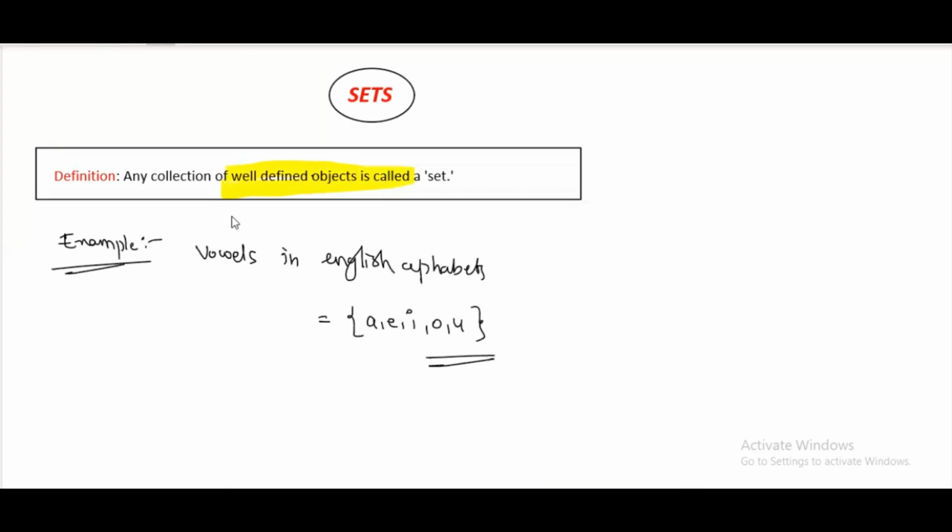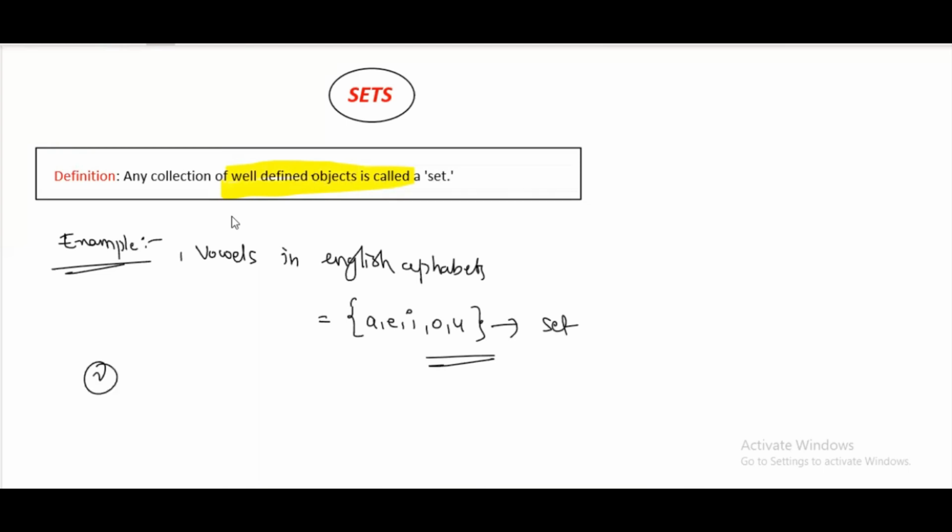Whoever asks the question, the answer never changes. So this is well defined, meaning from person to person the answer will not change. If we write that in a flower bracket, we can call it a set.